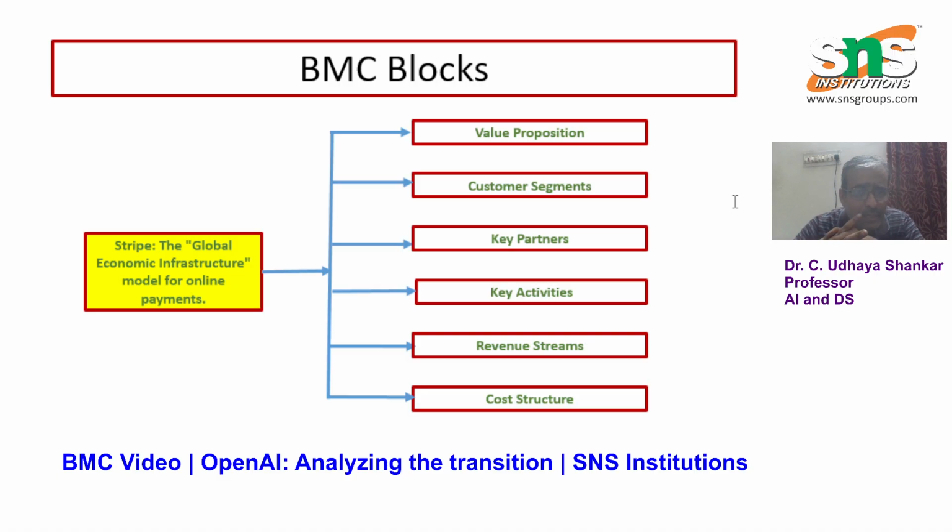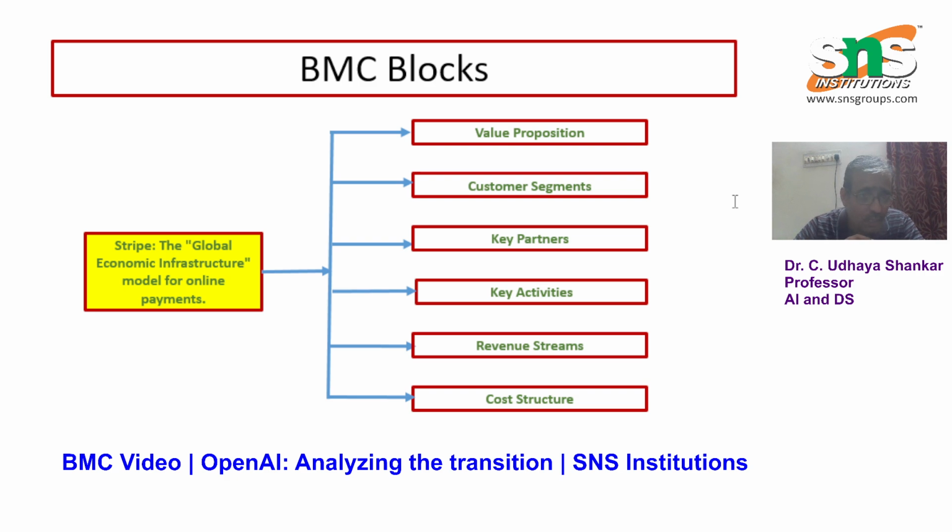Their key partners, the global banking networks and credit card issuers, are abstracted away into a single elegant API, which serves as their primary channel. Ultimately, Stripe's key resource is its developer-first reputation, transforming the cost structure of traditional banking into a scalable digital utility that increases the GDP of the internet.